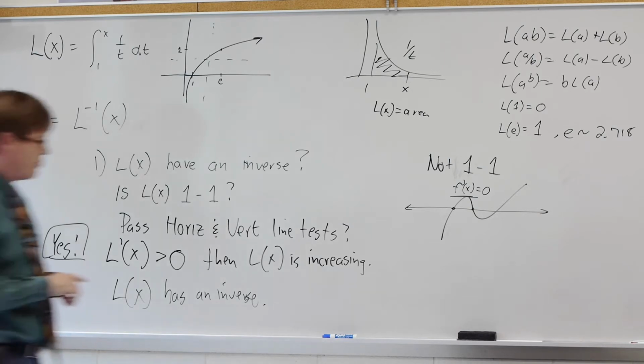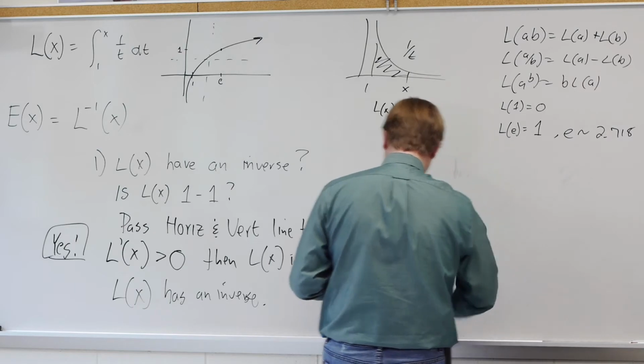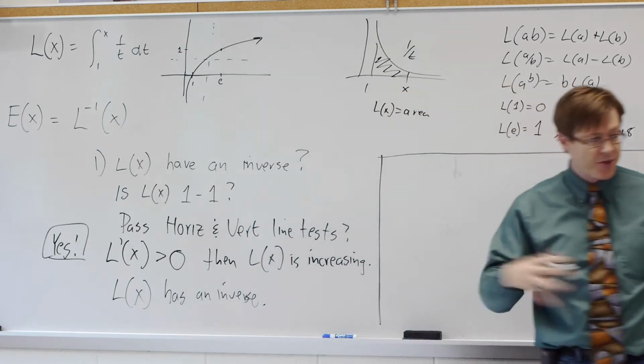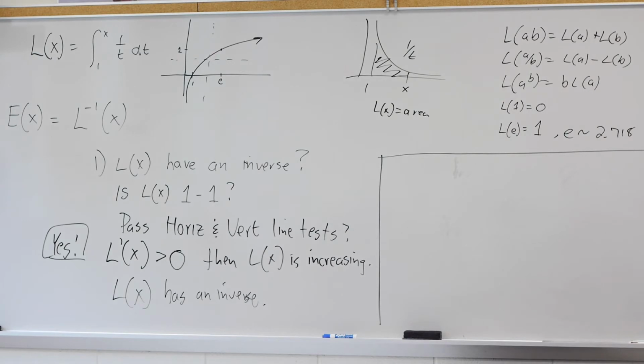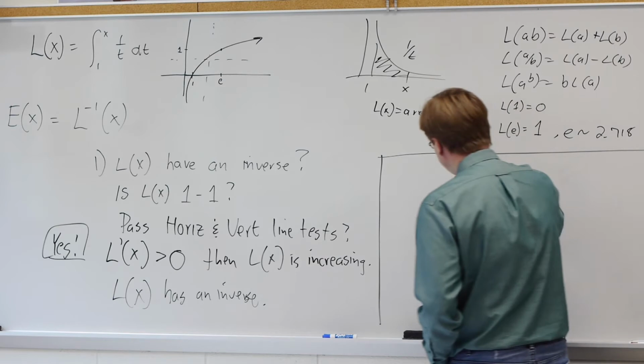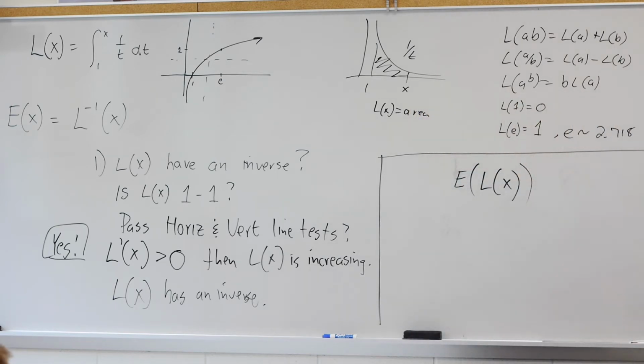Okay, so what can we say about inverse functions? That was a little bit of review, and here's a little bit more review about inverse functions. Here are some properties of inverse functions. If E and L are actually inverses, and I take L of x, and then I take E of that, what do I get back?